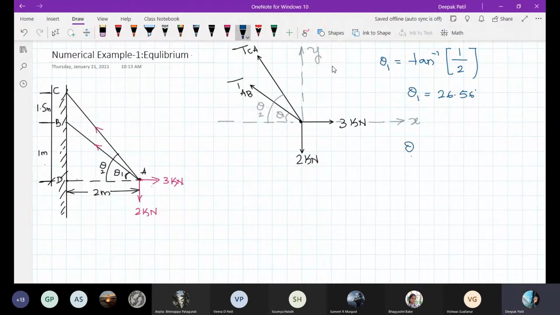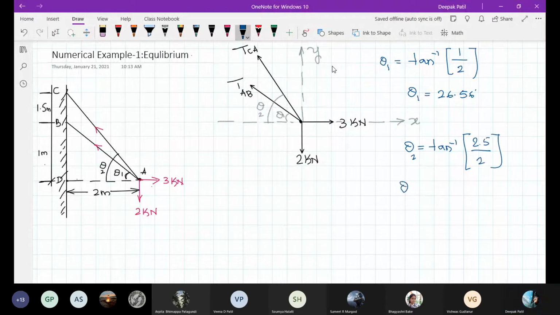Similarly, you can find theta 2. To find theta 2, you have to see the right angle triangle CDA. So theta 2 is tan inverse of CD, which is 1 plus 1.5, that is 2.5, divided by DA, which is 2.